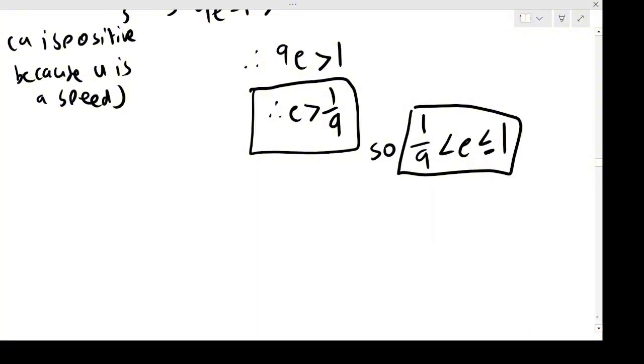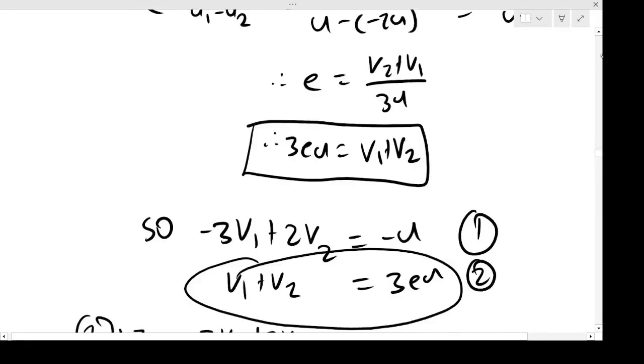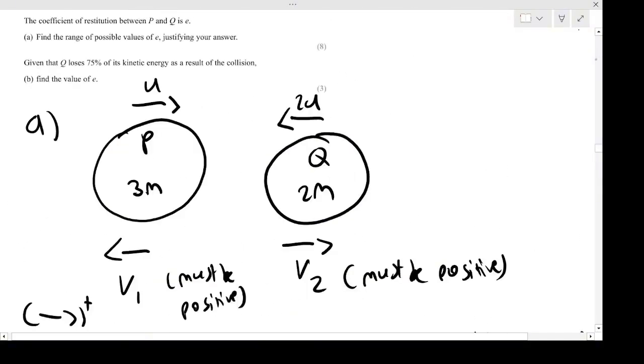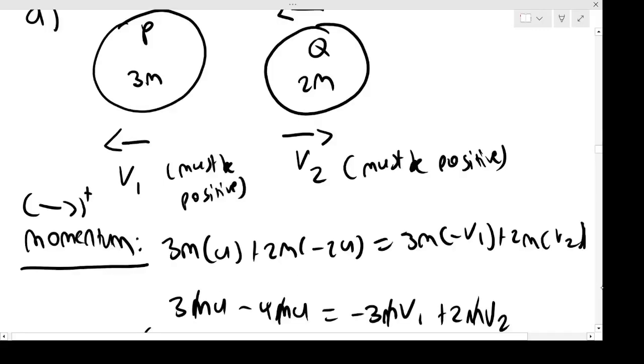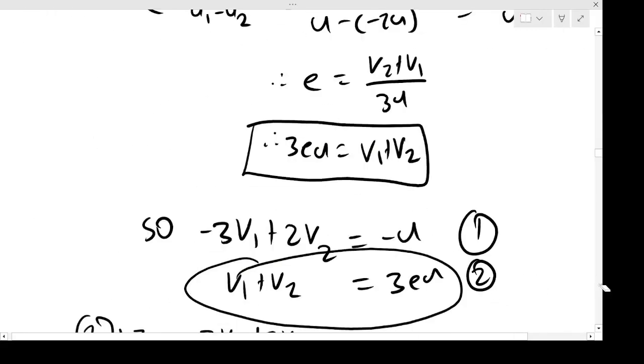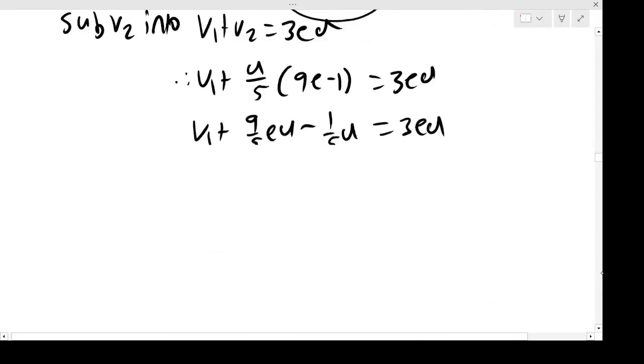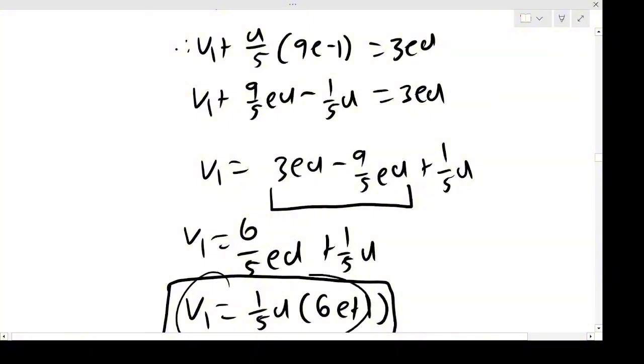Okay. So if we consider now V1, so remember, as I discussed, the answer V1 must be positive as well, because we know for sure it's indeed moving in that direction. So it has to be positive. So if I now consider V1, okay, let's see what happens. So V1 is a fifth lots of 6e plus 1.